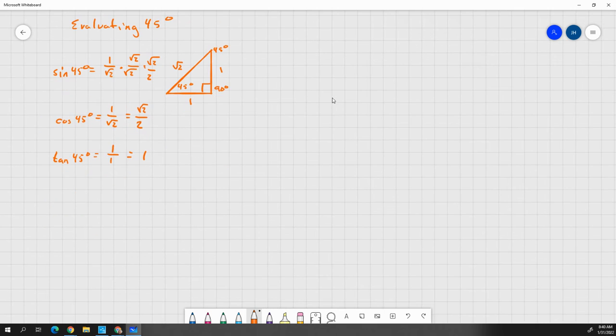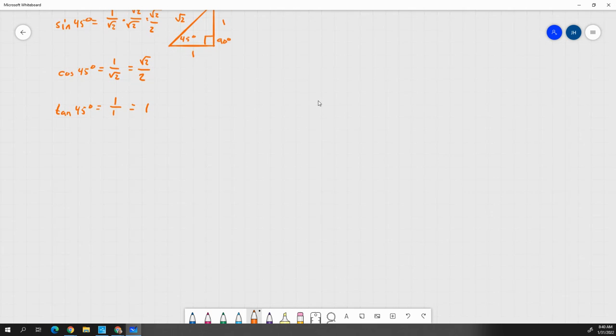Another version of a special case would be 30 degrees, evaluating at 30, and 60, right? Think about this when we're talking about triangles again.